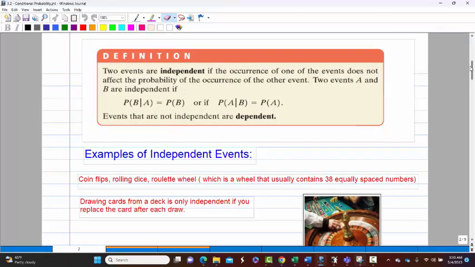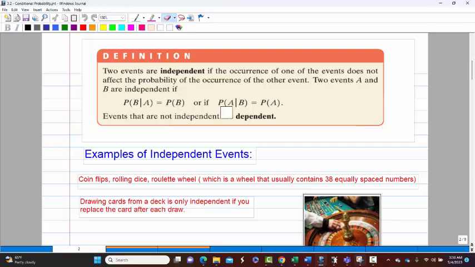Now, the idea of independent events. Basically, if the occurrence of one event does not affect the probability of the other event. So 2 events, A and B, would be independent if either one of these is true. The probability of B given that A occurred is exactly the same thing as just probability of B itself.